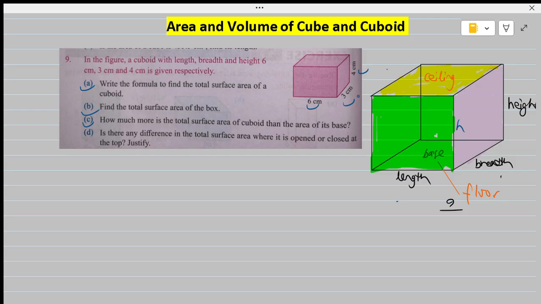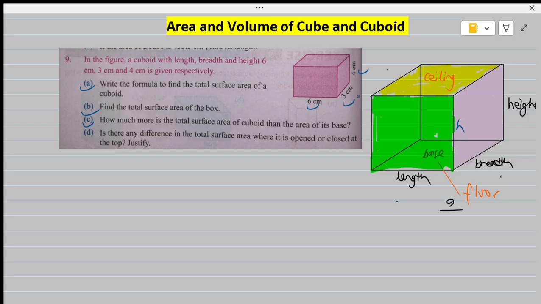And in number D now, is there any difference in the total surface area when it's open or closed at the top? So it's really different. When we calculate the total surface area, there will be calculation of the total area of the 6 faces. But when the top is open, if the ceiling is not given here, just 5 faces will be counted, so 4 walls and the floor.